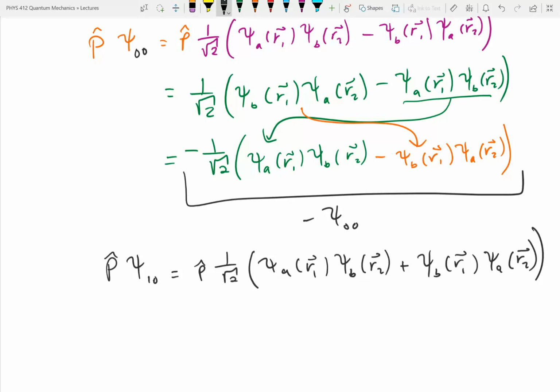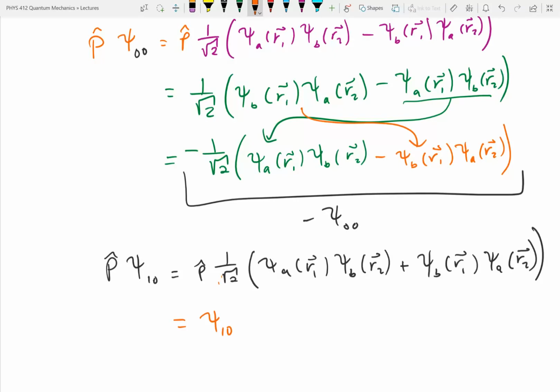Well, in this case, there's no minus sign to factor out. I just changed the order. I'm not going to do the rest of the math because I'm pretty sure you can see the rest of the math. This is equal to psi 1, 0.